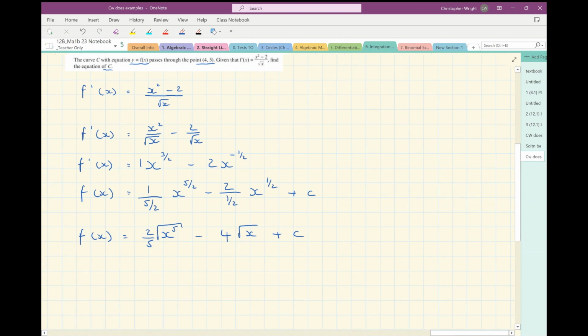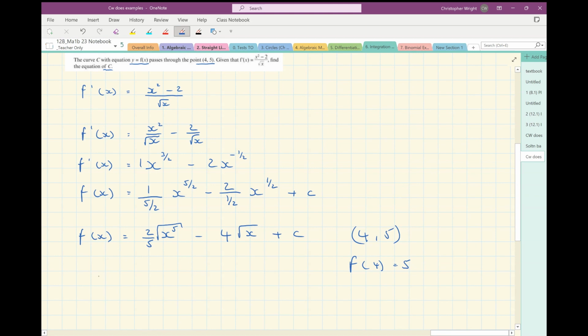And I have a big clue here because I know that the point (4, 5) lies on the curve. So I know that f of 4 equals 5. When I stick x equals 4 in, I should get the answer 5.